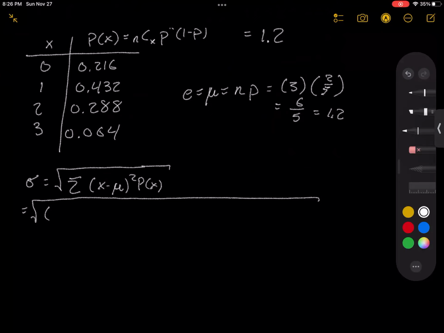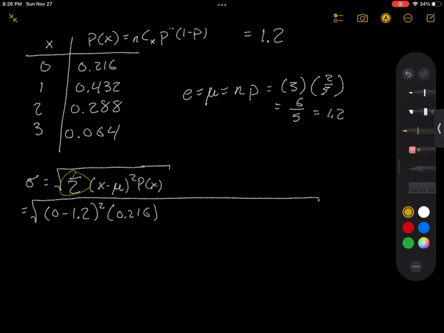So I could have 0 twos. That's that right there. Now I need to subtract from that the average, or the expected value. So the expected value was 1.2. I then square it. And then I multiply by the probability of 0 twos occurring. That is 0.216.